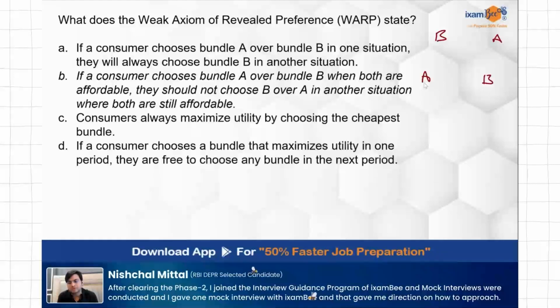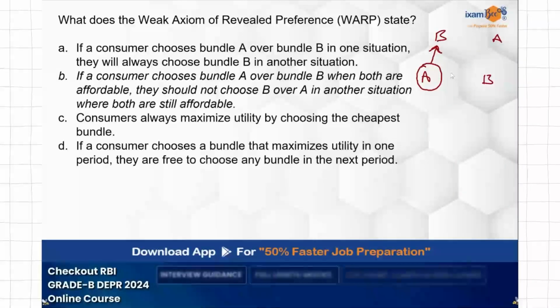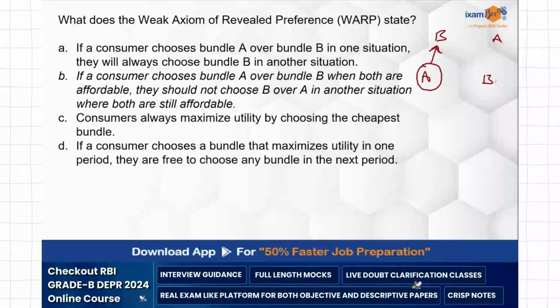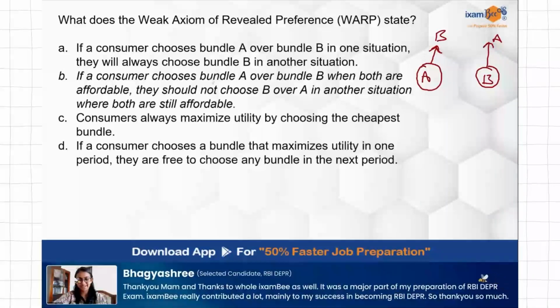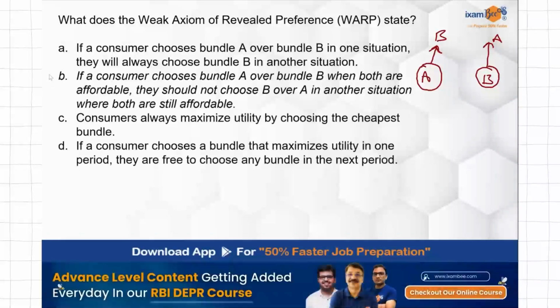So WARP says that if any consumer is choosing bundle A when bundle B is affordable, then it should not be the case that the same consumer will choose bundle B when bundle A is affordable, right? So in this case, option B is correct: if a consumer chooses bundle A over bundle B when both are affordable, then they should not choose B over A in another situation when both are still affordable.